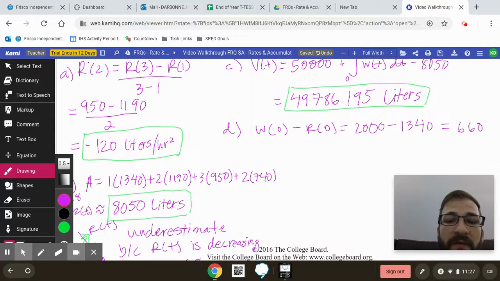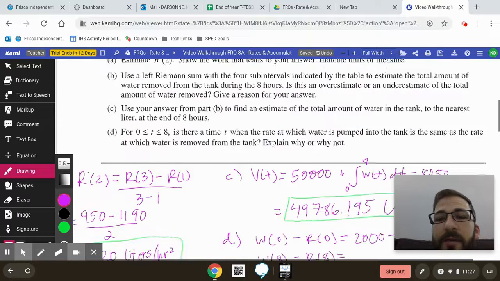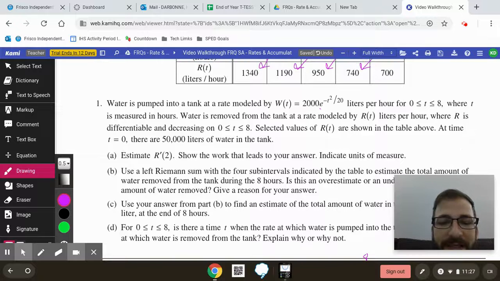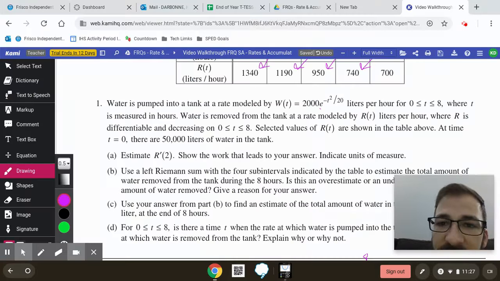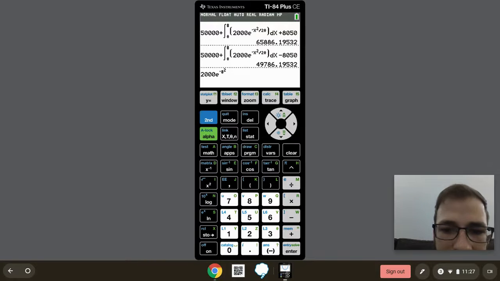Then the other one I want to find is W of 8 minus R of 8. This one I'm going to have to plug in, because I don't know what that is. So 2,000 e to the negative 8 squared divided by 20.